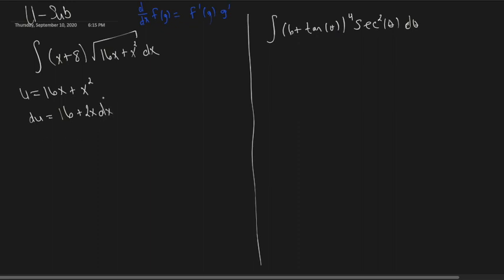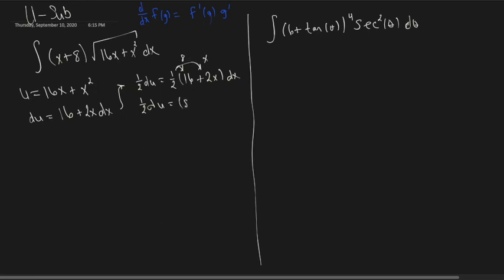Now, let us take 1/2 of du, which will be equal to 1/2 of 16 plus 2x times dx. So that would be equal to 1/2 du, and if we factor that through, we'll get 8, and then here we'll get just x.